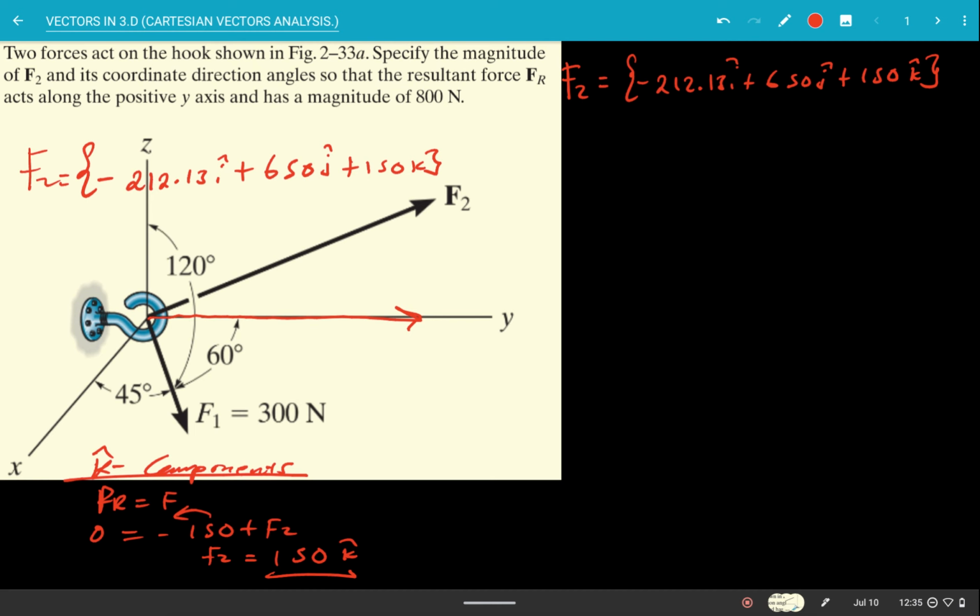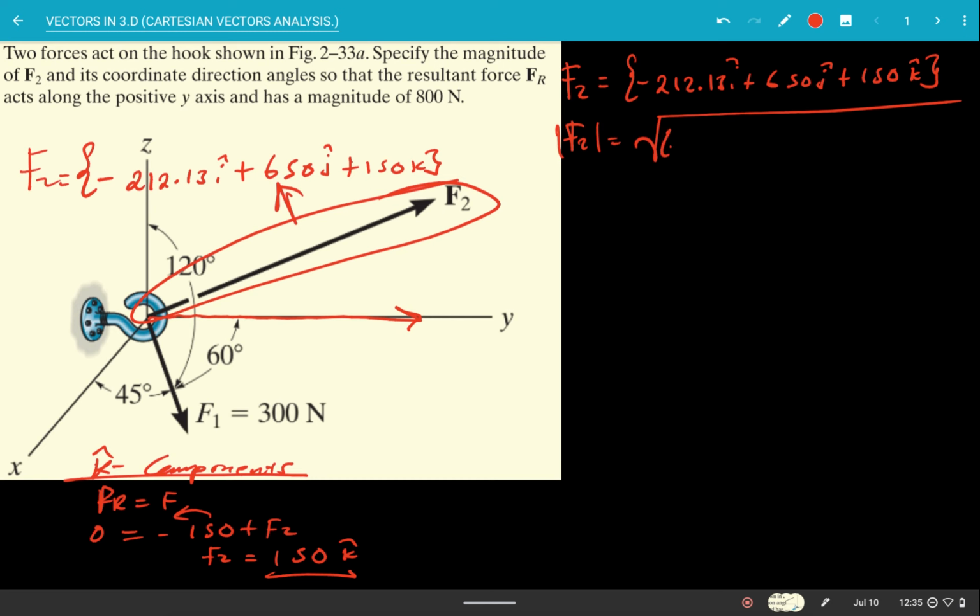So let us start off by first finding out the magnitude of this component F2, because it has its expression in Cartesian form to be that. So we know that the magnitude is equal to the root of minus 212.13 squared plus 650 squared plus 150 squared.